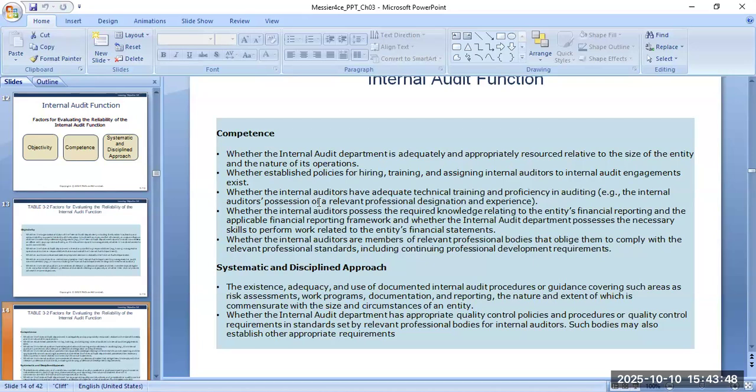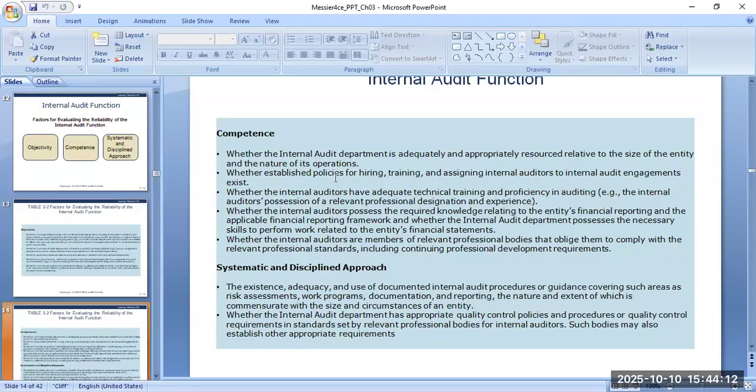Then we're going to check the competence. The competence is whether the internal audit department is adequately and appropriately resourced relative to the size of the entity and the nature of the operations. Let's go with a small example.